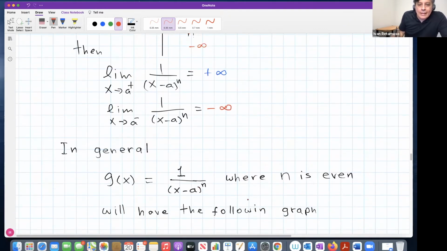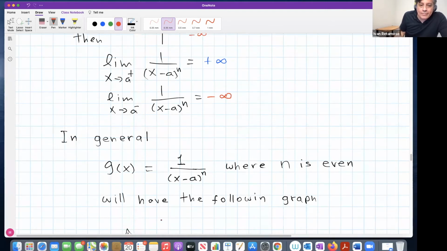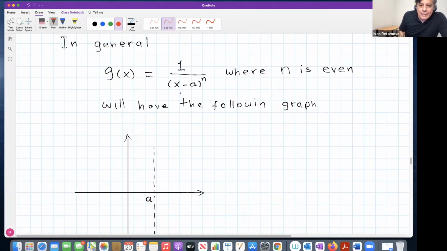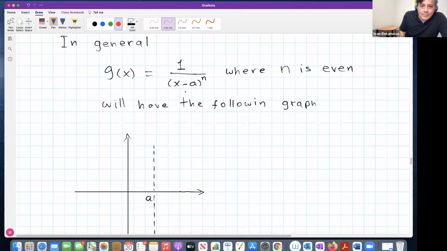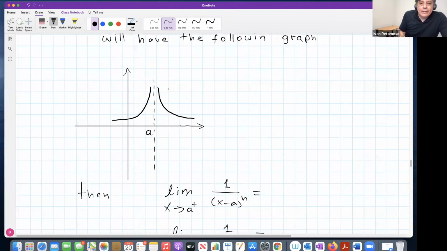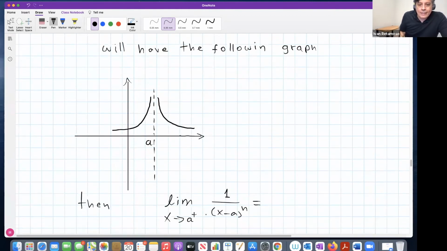Now for the other case, if n is even, such as 2, remember, the graph will resemble a volcano. We'll have the following shape. A shift to the right, remember, is opposite to whatever you see here, a. And the volcano will appear there like this. So if you are taking the limit of this function as x approaches a from the right, with n positive, then you will end up going output-wise up here.